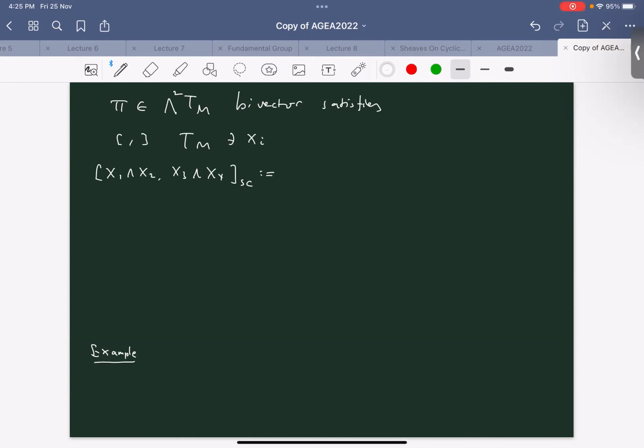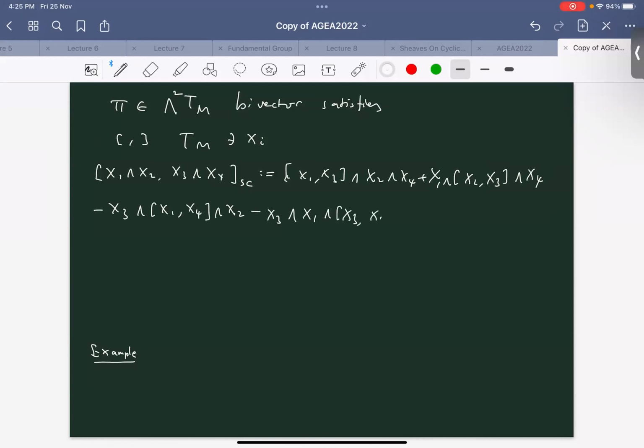So let me write down the definition. So this one is x1 wedge x2. Sorry, let me write down the final answer: [x1, x3] wedge x2, x4, plus [x1, x4] wedge x2, x3, minus [x3, x1] wedge x4, x2, minus [x3, x1] wedge x3, x4.